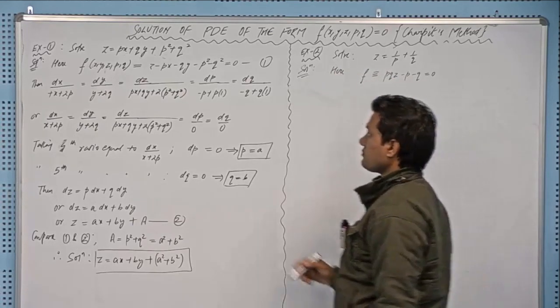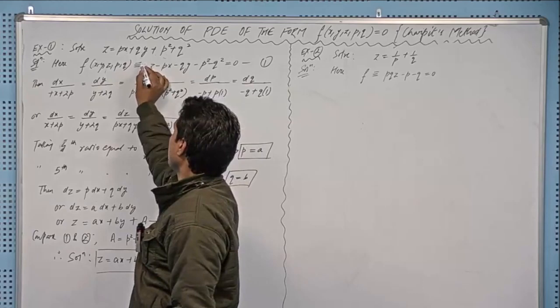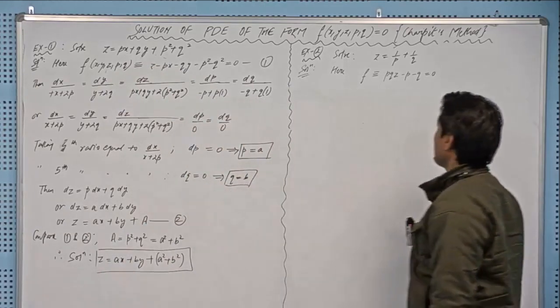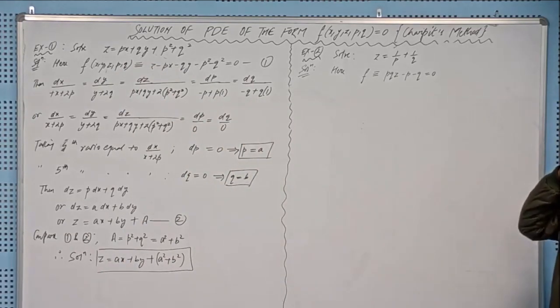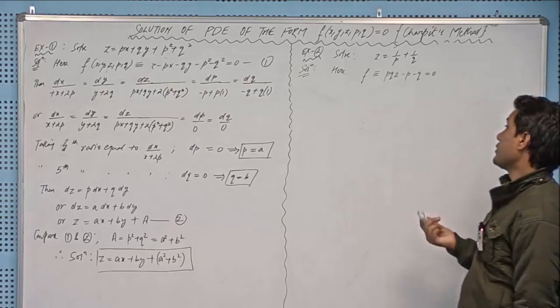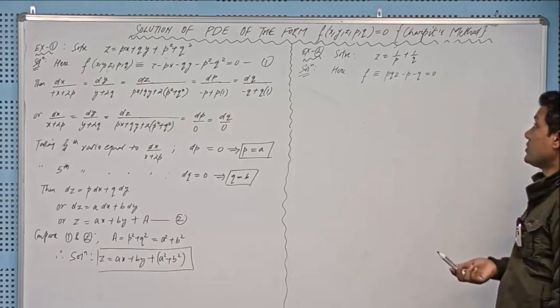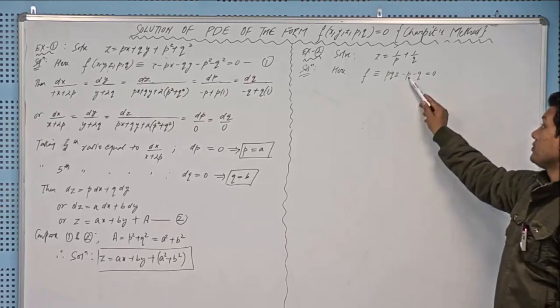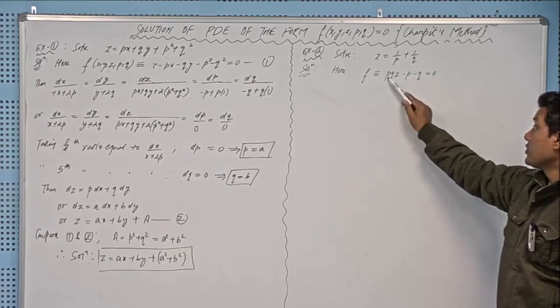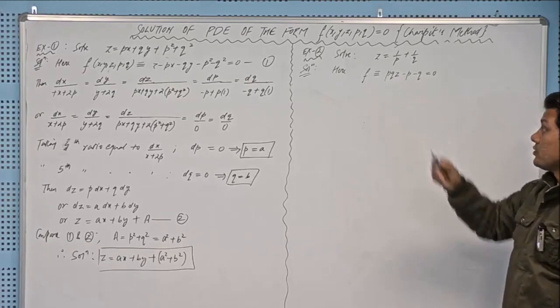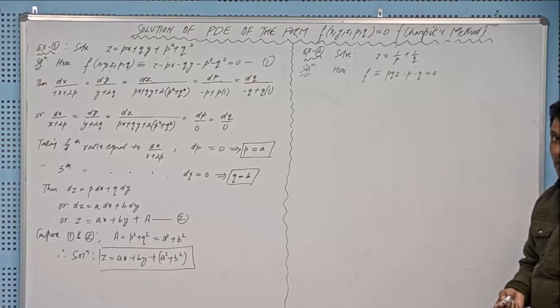Again you see this is a first order PDE because p and q are present, but the product pq is present, so it will go into the category of non-linear equations, right?